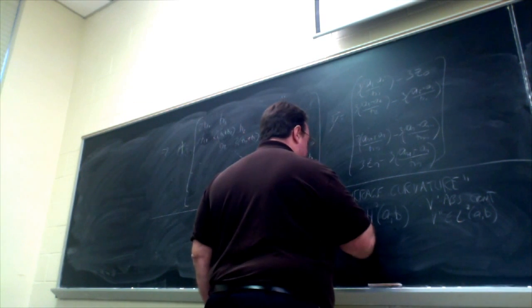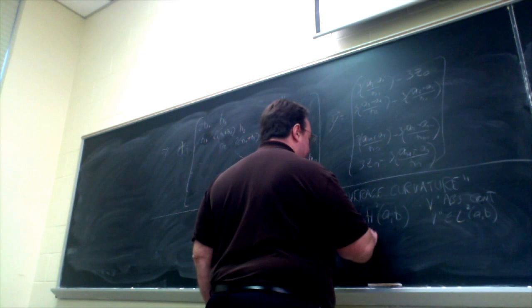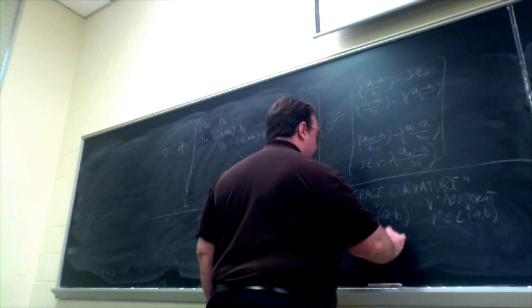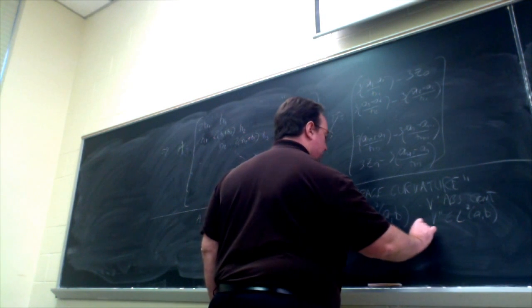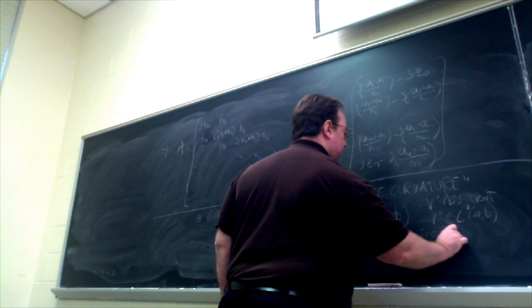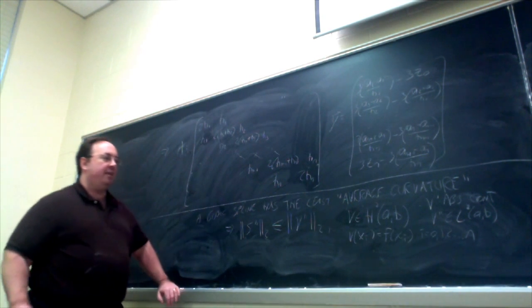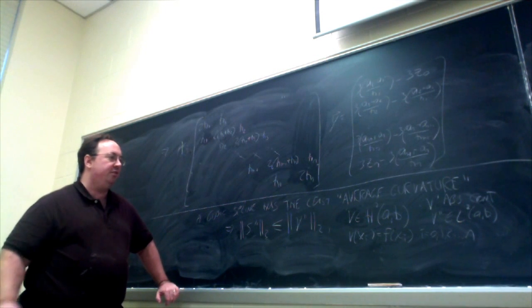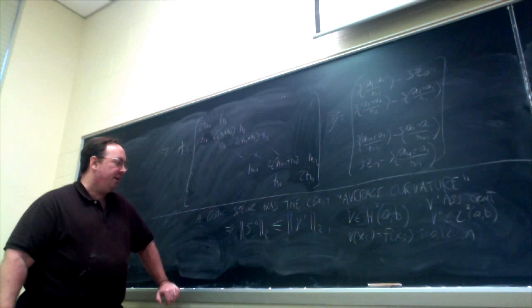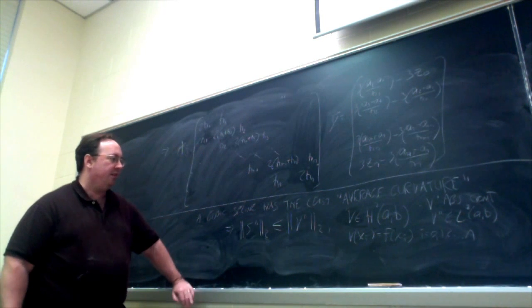And V has to be in this function space, and V interpolates F at all the knots. So among any functions that fit F and satisfy these continuity conditions on their derivatives, this has the smallest average curvature.